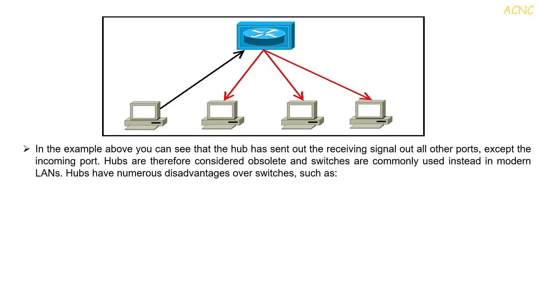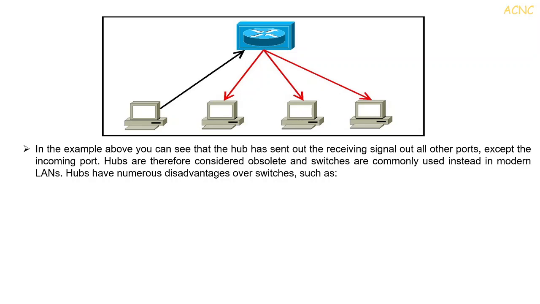That means you can see here the black arrow shows that the computer sends the signal to the hub and the hub sends the signals to the other three computers, excepting the incoming port. That means it does not send the signal back to the port where it is coming from. It sends the signals to the other ports where no signals are coming in.